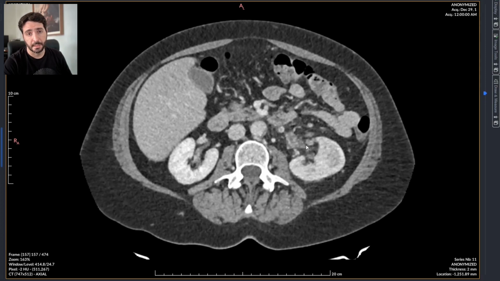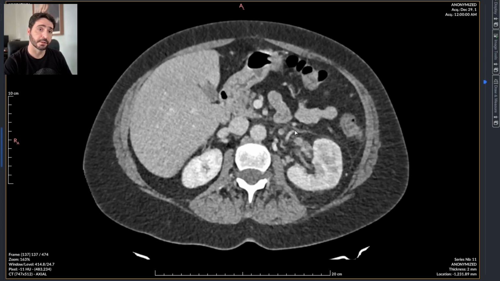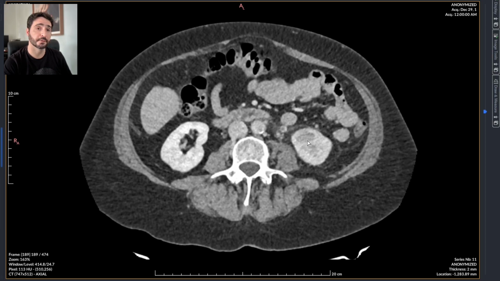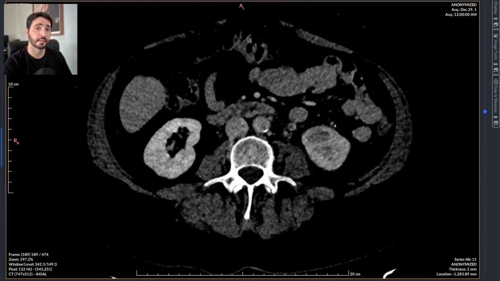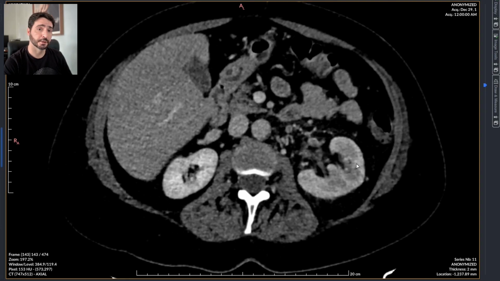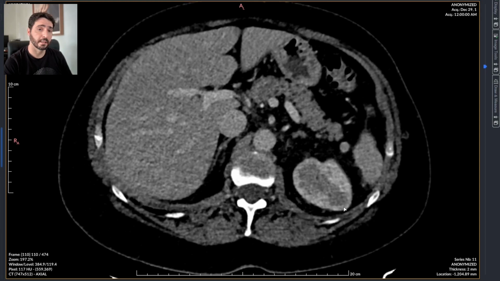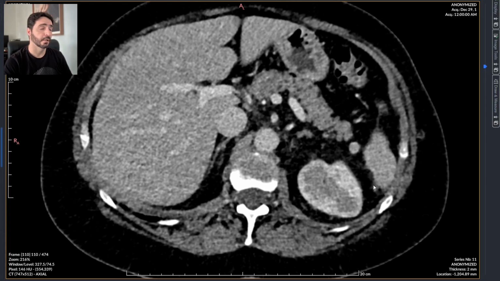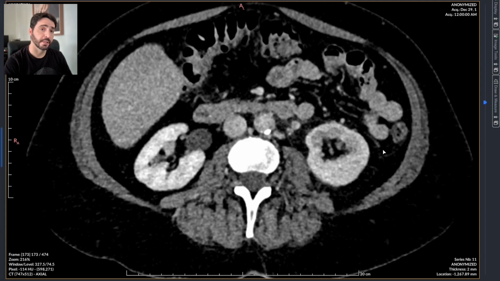So I can see there is a heterogeneous opacification of the kidney parenchyma to the left, with some areas that I can easily say could represent an acute infection, just like this. It's a partial heterogeneous perfusion of the parenchyma. So this is acute pyelonephritis.